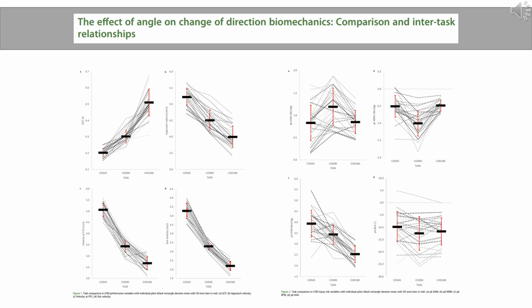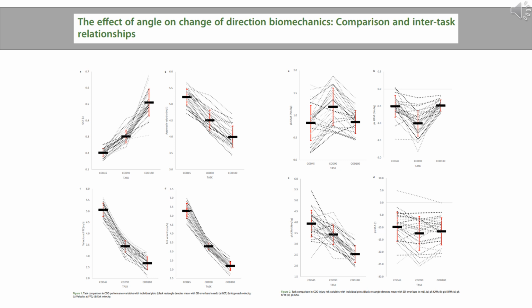So we've got ground contact time, approach velocity, velocity at final foot contact, and exit velocity. These metrics are being looked at during a 45-degree change of direction cut, a 90-degree change of direction task, and a 180-degree change of direction task.